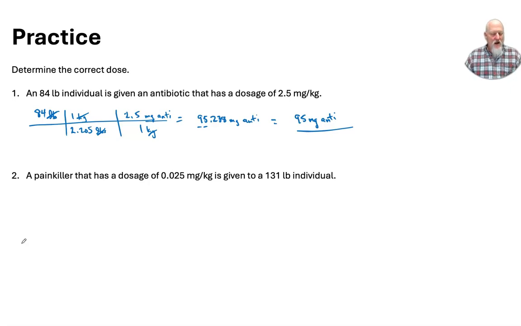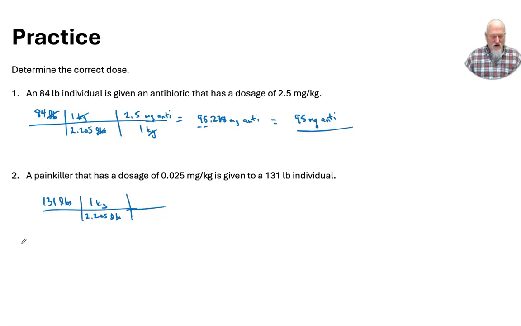Okay. Last one here, a painkiller that has a dosage of 0.025 milligrams per kilogram. Strong painkiller to a 131-pound individual. Again, 131 pounds, so we know that there's 1 kilogram for every 2.205 pounds.